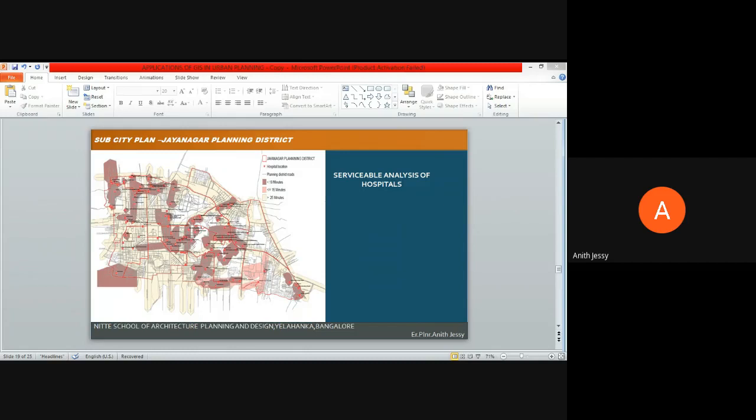But if you don't get a vehicle, by walking, how long does it take? That's how we have considered the village roads as well in the analysis. But yes, we always have a provision of designing it specifically using the vehicle type and the mode of transport as well. So the hierarchy of the road system can be maintained.